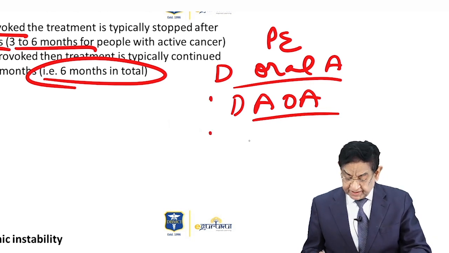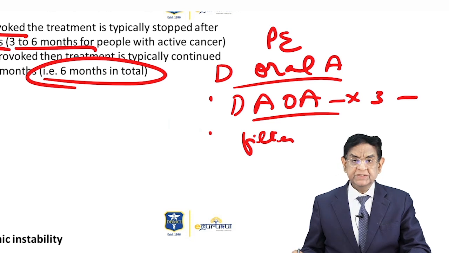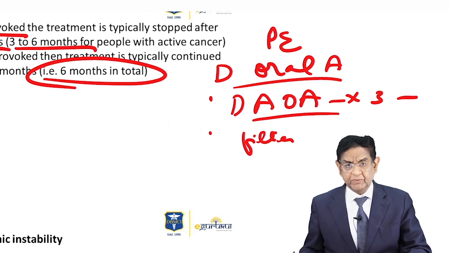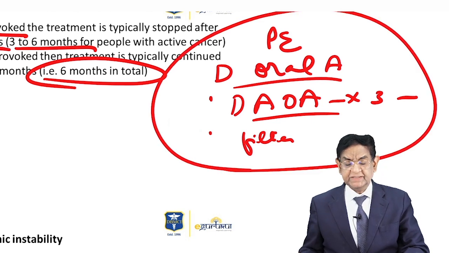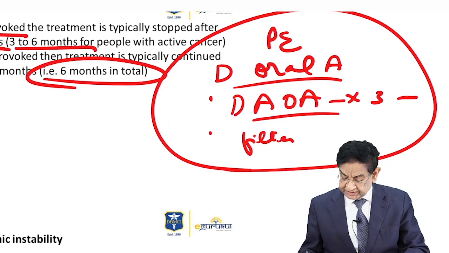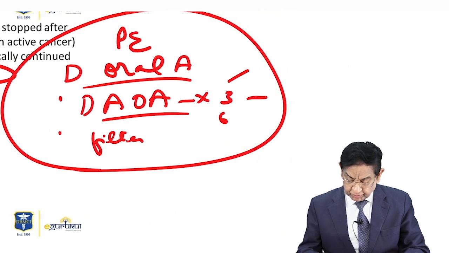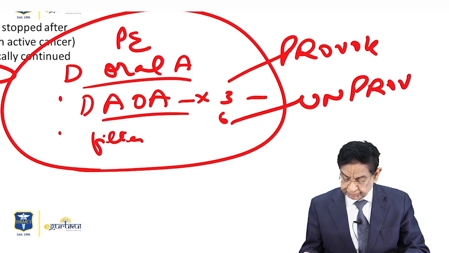Recurrent, go for filter. For how long? 3 to 6 months. 3 months is provoked and 6 months is unprovoked. This is a lovely summary in just 2 lines.